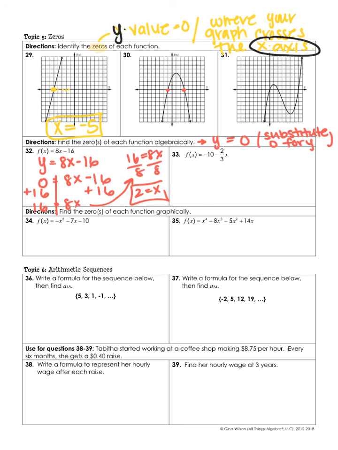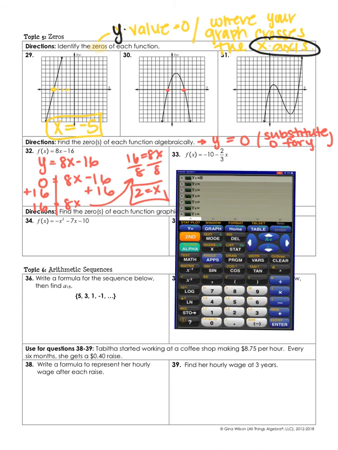For number 34, you're going to do the same thing, putting these into your calculator. So it's going to be like 29 through 31. Put them in your calculator and find the zero of each function graphically using your calculator. So in y1 on your calculator, you're going to type negative x squared minus 7x minus 10.